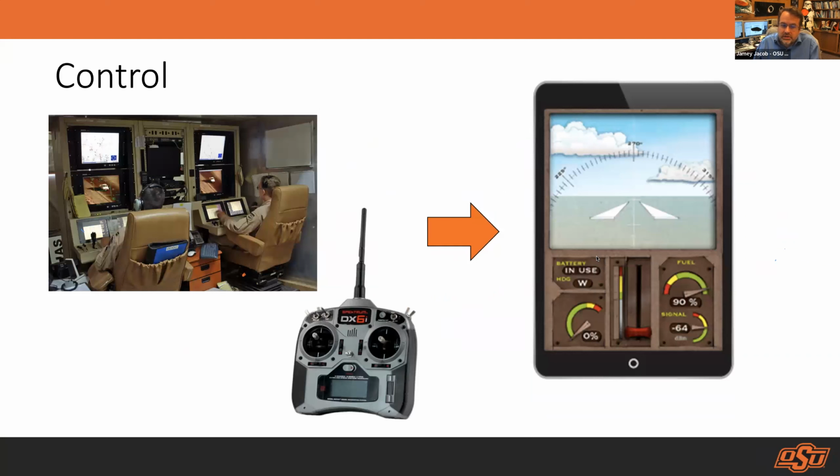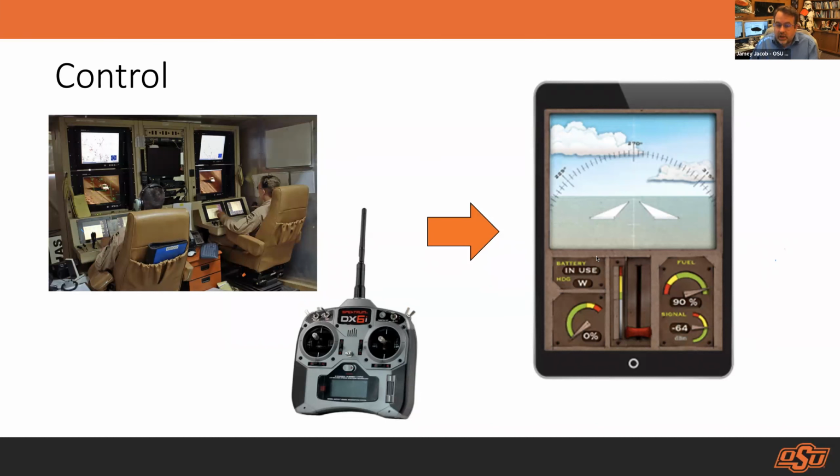Now, the control of the systems again has a wide variety of different options based upon what you're using. As we've seen from things like Predators and Global Hawks, very large aircraft that are the size of commercial airliners in many cases, they tend to have a very cockpit-like control system.